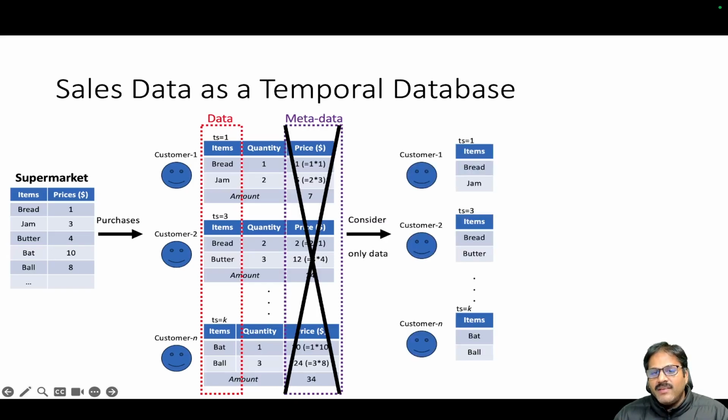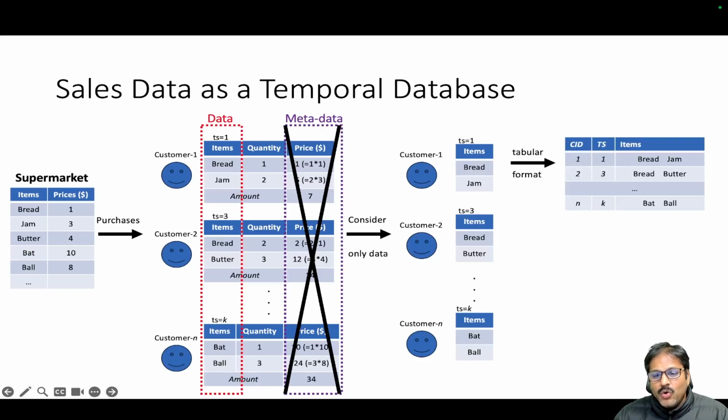So when we consider only the data and their timestamps, we group them by timestamp and put them in a tabular format, where CID stands for customer ID, TS stands for timestamp, and various items that are purchased by the customer.